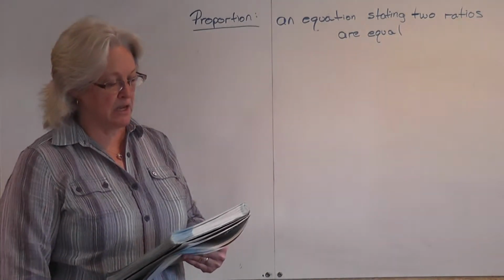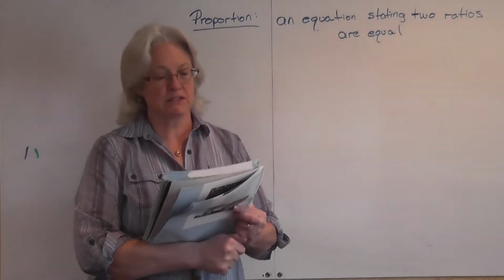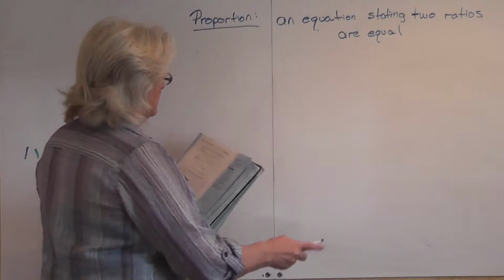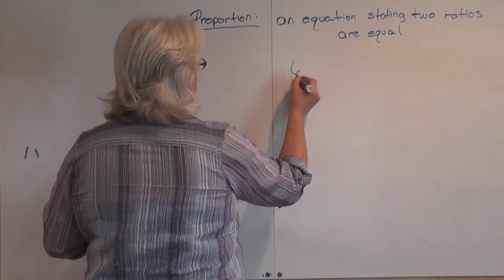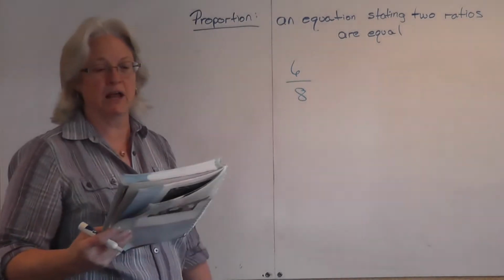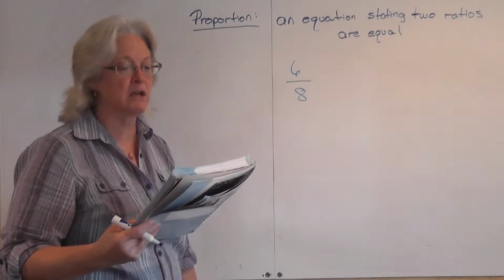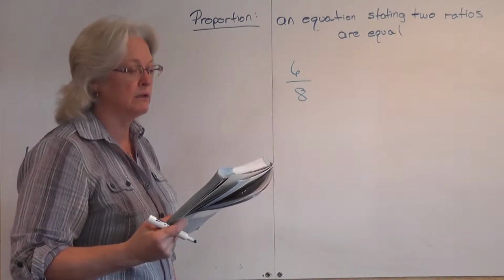Our text says the ratio of boys to girls in Mrs. Smith's class is 6 to 8. The ratio of boys to girls in Mrs. Burke's class is 9 to 12.